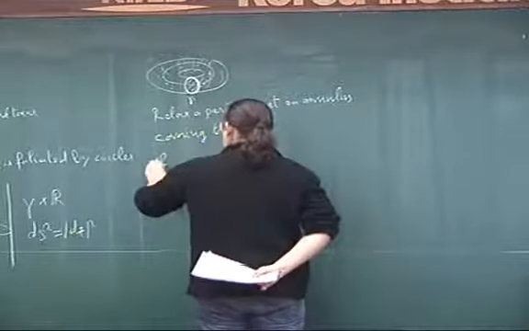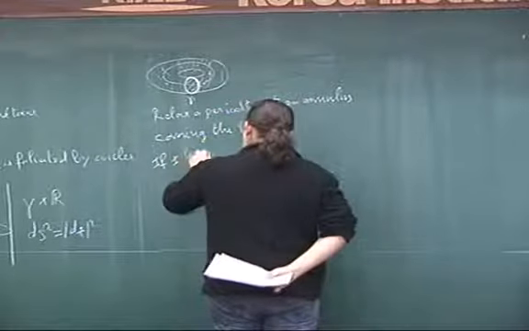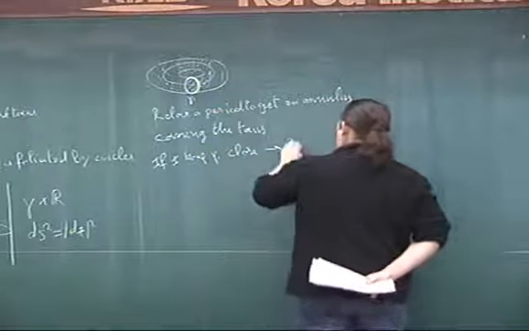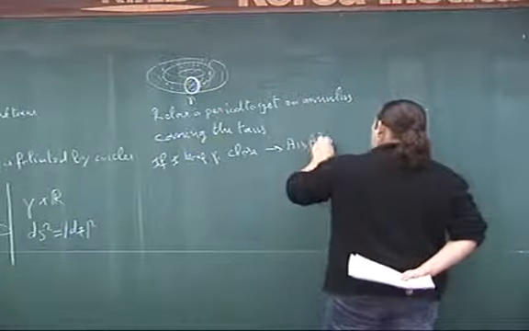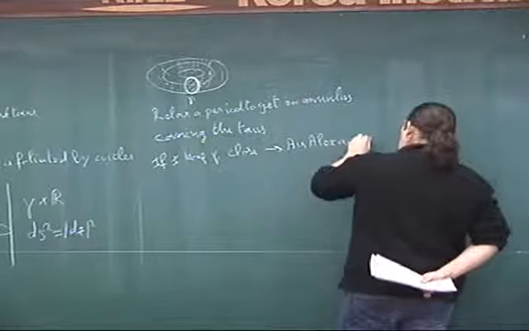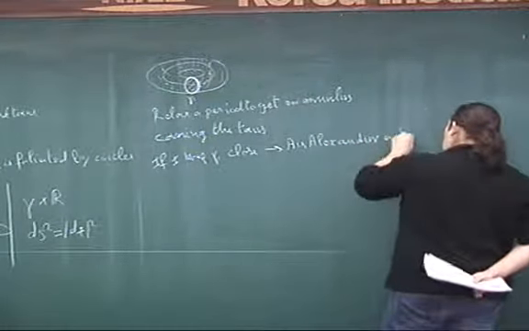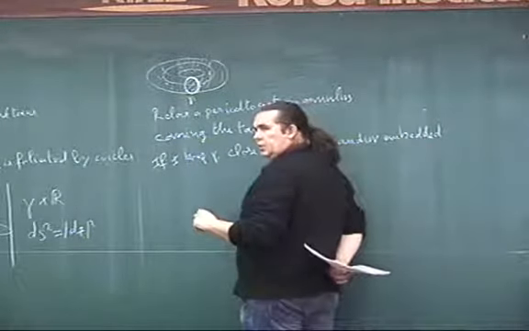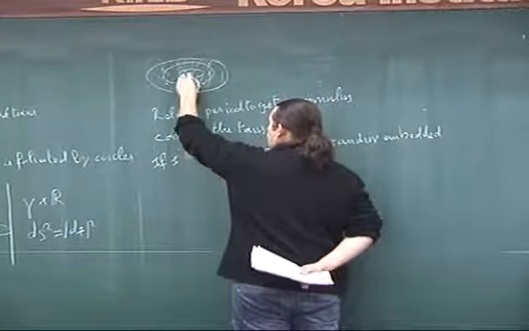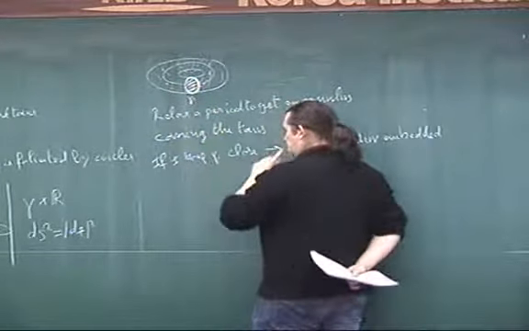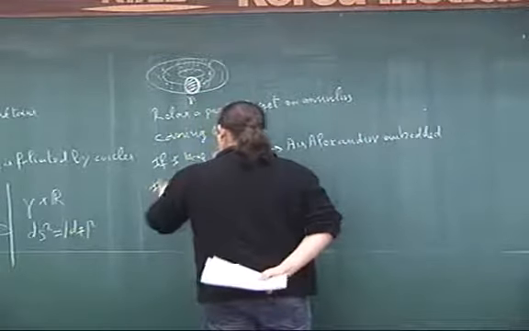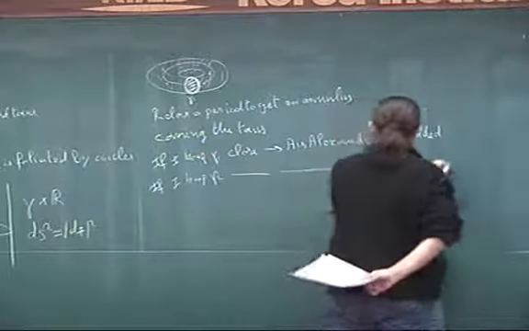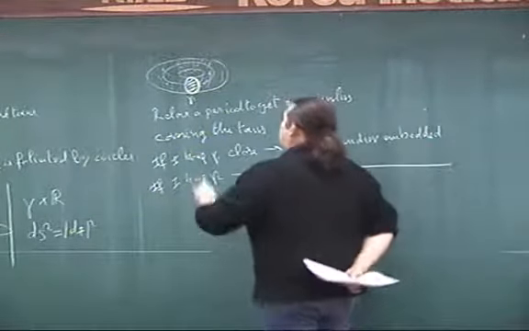If I keep gamma 1 closed, then the annulus is Alexandrov embedded. Alexandrov embedded means that it is the boundary of a solid annulus, and these curves bound this disk. If I keep gamma 2 closed, then A is Alexandrov embedded.